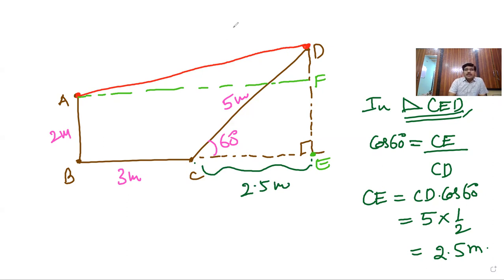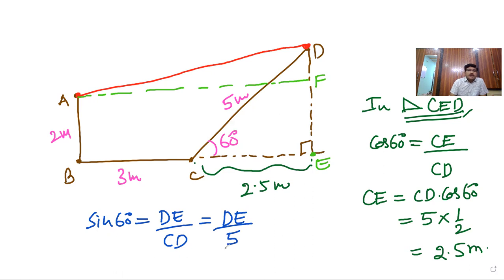Okay. Similarly, observe the same right angle triangle CED, sin 60. Sin 60 is opposite side DE by hypotenuse CD. DE we don't know. CD we know, how much? 5. Cross multiply.